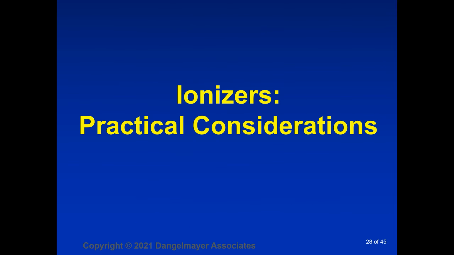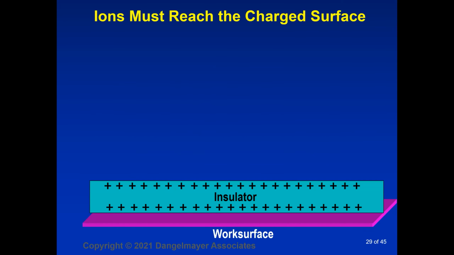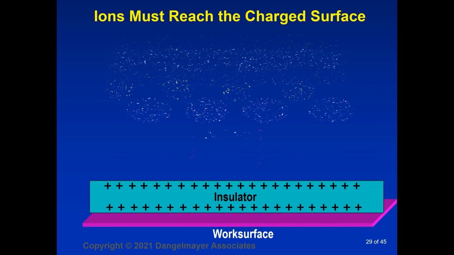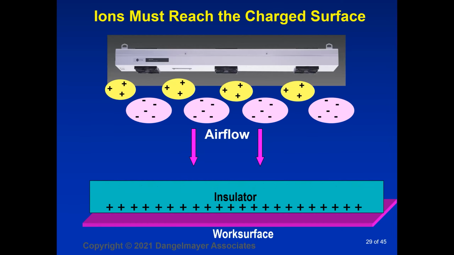Okay, now we're going to move on to some practical considerations for ionizers. What do we need to be concerned about? Well, as I mentioned before, we need to be concerned that the ions must reach the charged surface. So here you see an insulator. It's charged on both sides, as insulators will be, and it's sitting on that work surface. We bring in the ionizer. The ionizer has airflow.